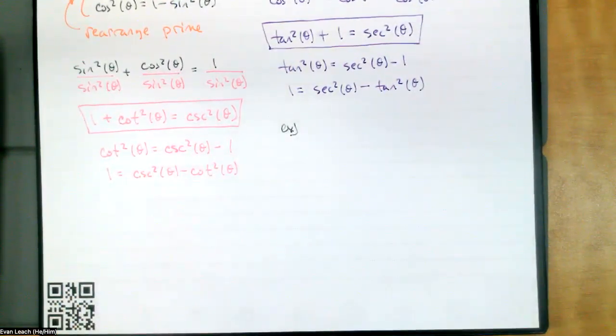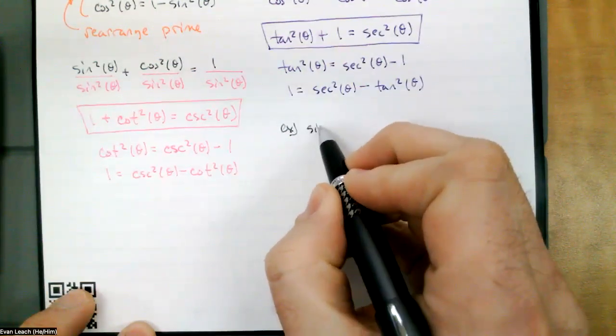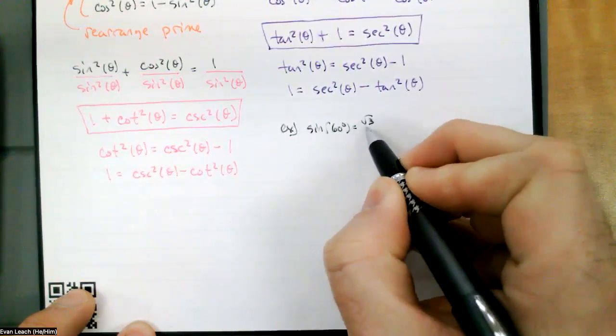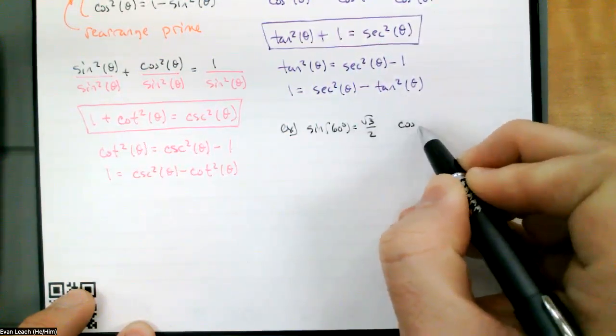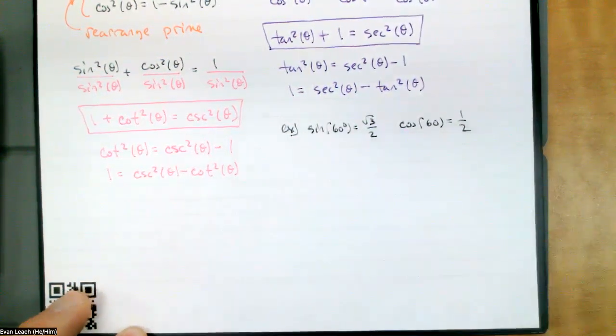We've already seen that if sine is opposite over hypotenuse and cosine is adjacent over hypotenuse, that produces the Pythagorean theorem. We also know that sine of 60 is root 3 over 2, and cosine of 60 is 1 over 2.